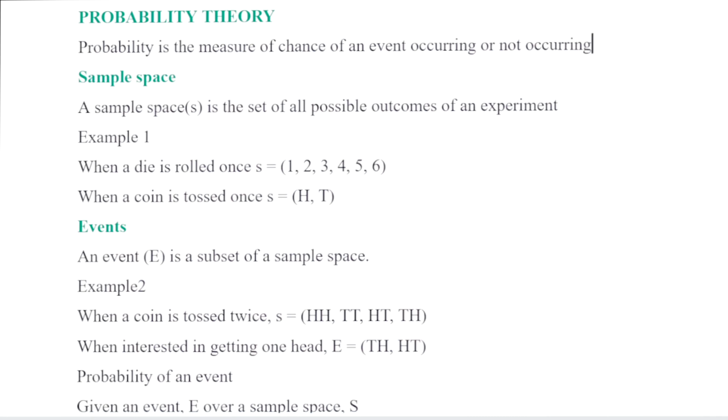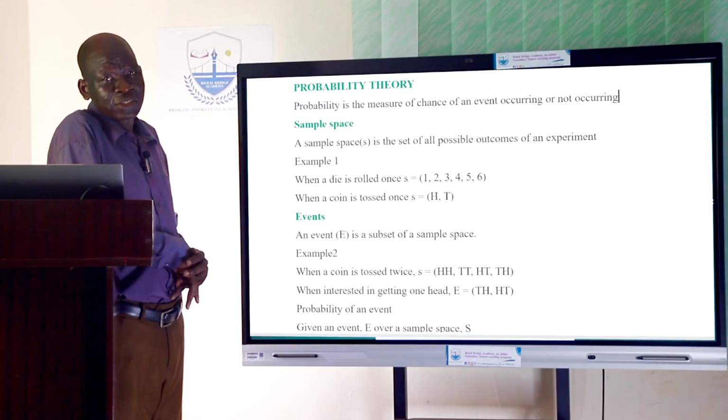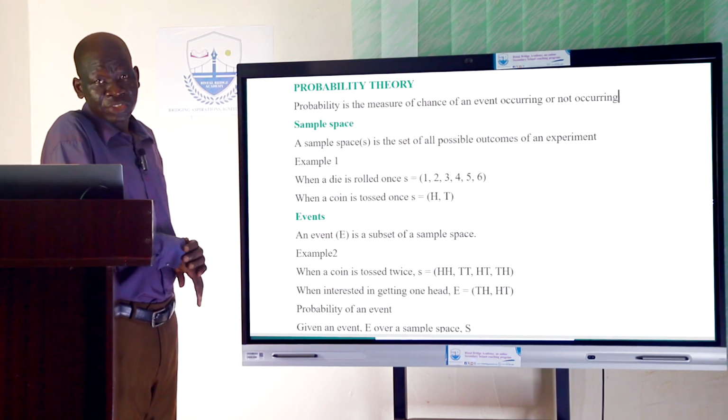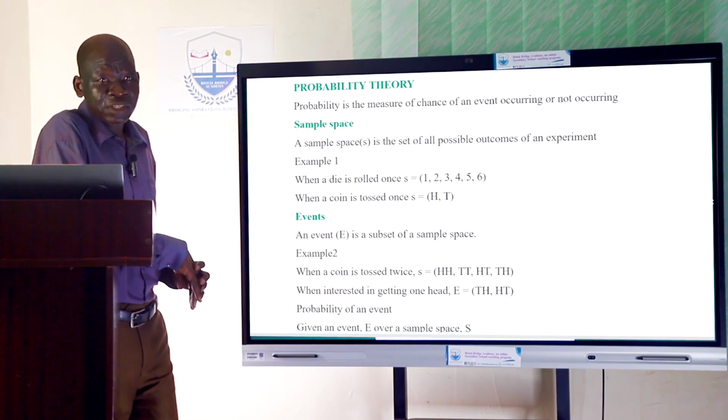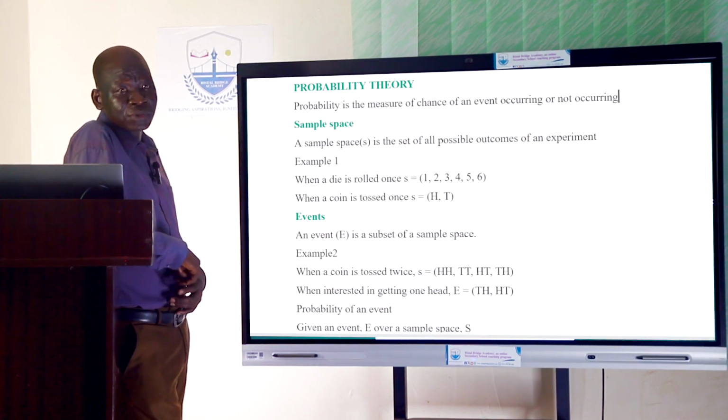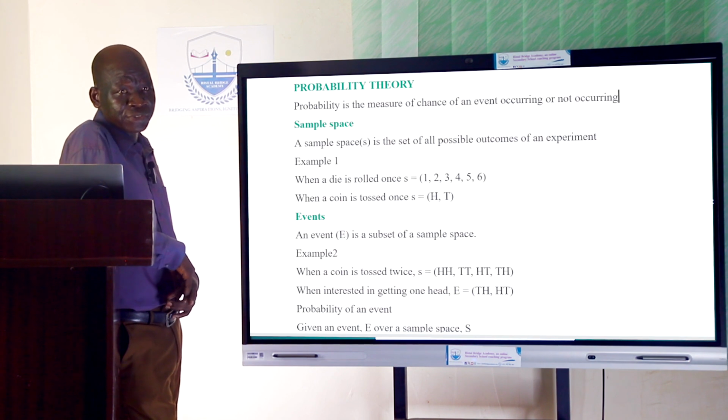Under probability, we have some terms which we have to look at. We have what we call an event, then we have outcomes, and then we have what we call sample space.